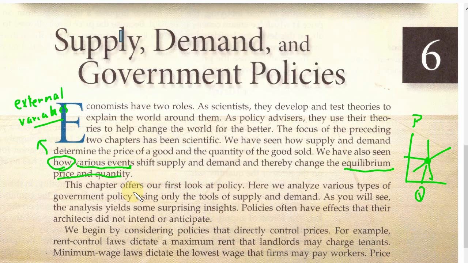This chapter offers our first look at policy. Here we analyze various types of government policy using only the tools of supply and demand. So in this chapter, we will also use the supply and demand tools to analyze government policy.